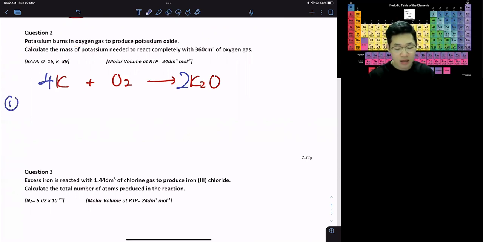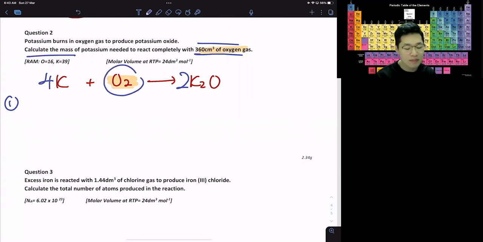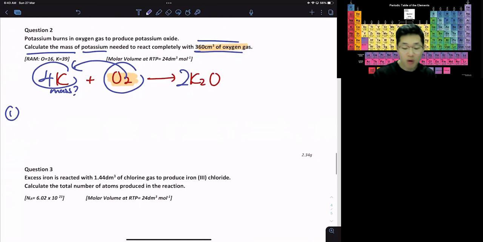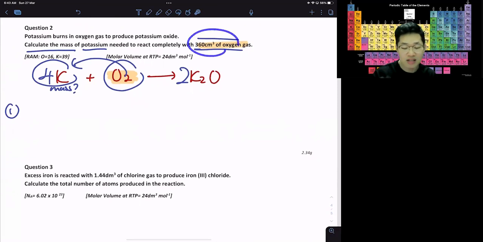Here I found the number 360 for oxygen gas, which is here. From oxygen, we have to find the mass of potassium. Which one is potassium? This one. First, to find the mole from the number given, 360 cm cube, it means volume.